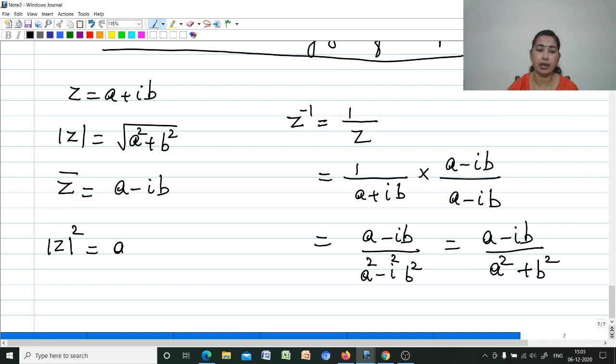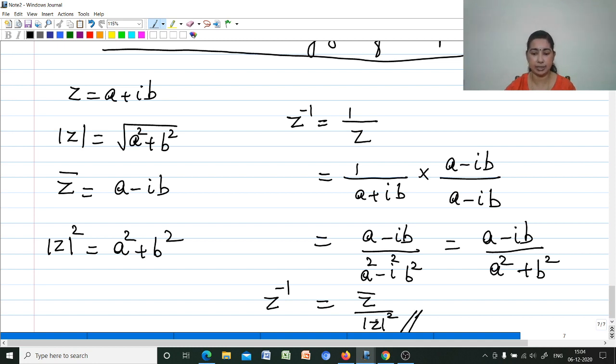It is a square plus b square. So we can write this as a minus ib, which is z conjugate, divided by mod z square. So z inverse is equal to z conjugate divided by mod z square.